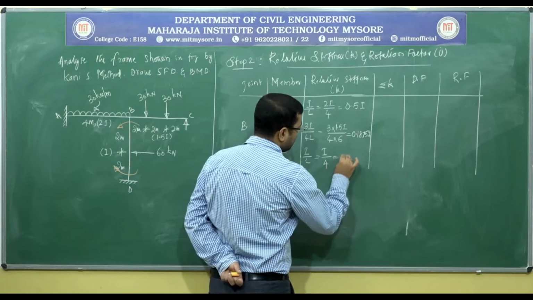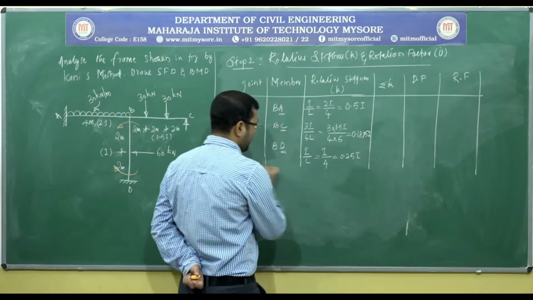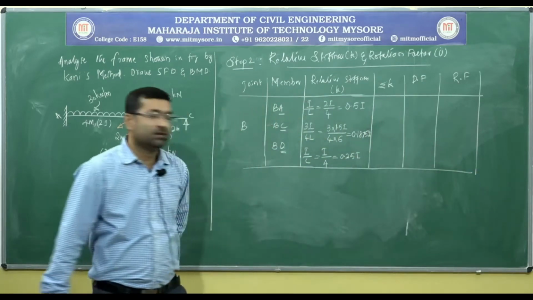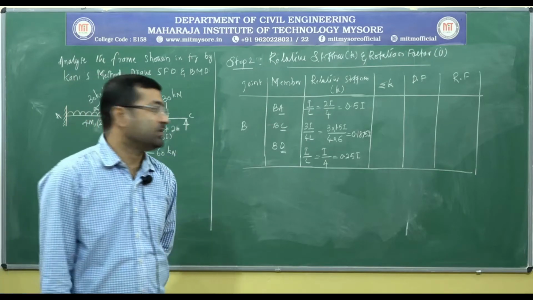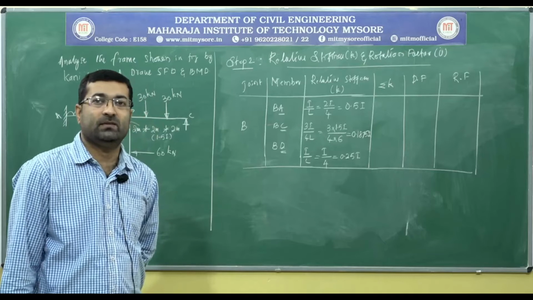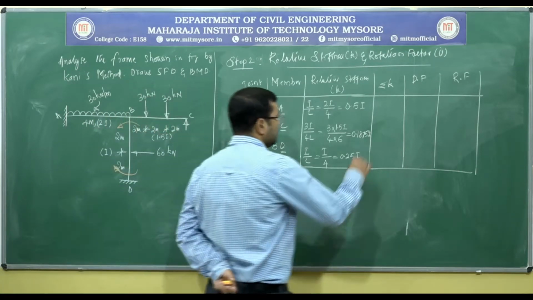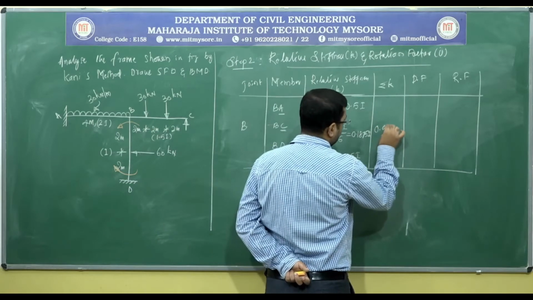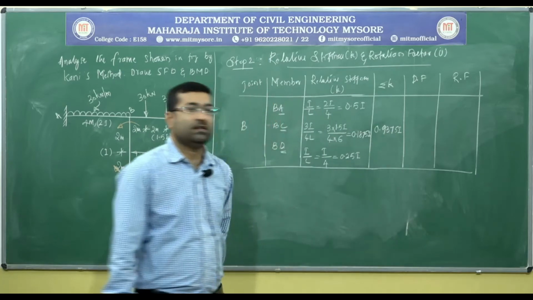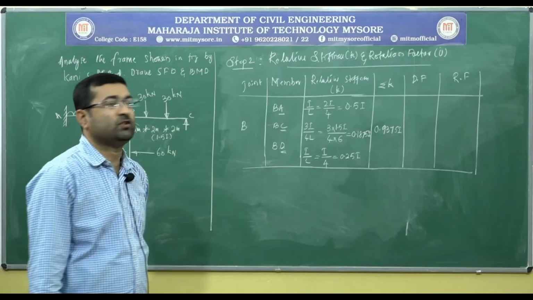So this is 0.25 I. So these are the relative stiffness of the members BA, BC and BD. So the total relative stiffness is 0.9375 I.